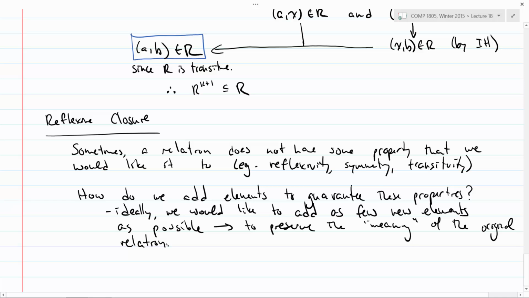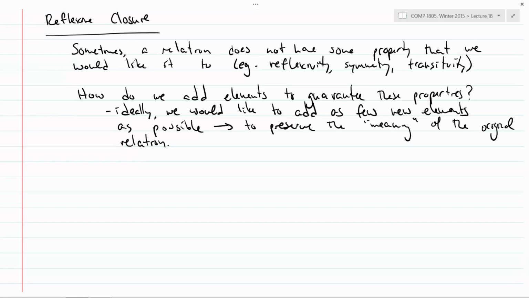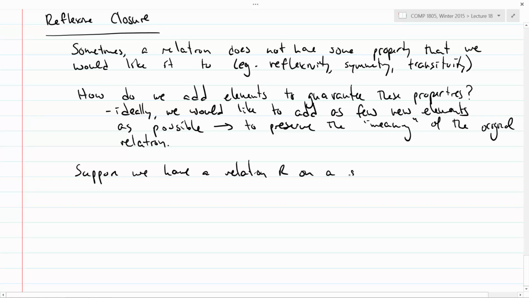So is it clear what I'm trying to do when I say take the reflexive closure, for example? So maybe it's missing 1, 1, so I add 1, 1 back in. The reflexive one is easy, as we'll see in a second. So first, let's consider making a relation reflexive. So suppose we have a relation R on a set A, and we want to make it reflexive.